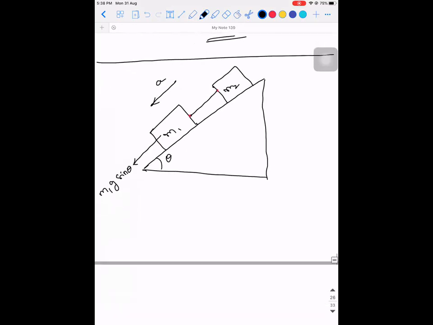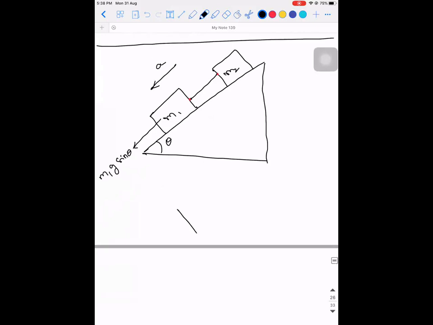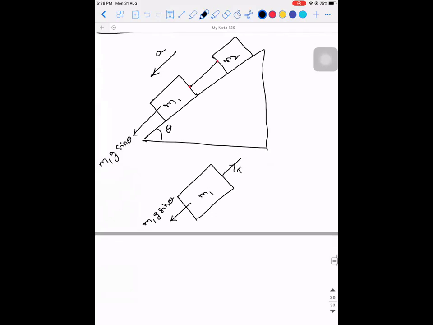Now see, if I draw a free body diagram of m1, then this side it will be m1g sine theta, and this side it will be tension, because on the other side it is connected to a string. Tension is always a pulling force. Have this in your mind. So this is the acceleration.